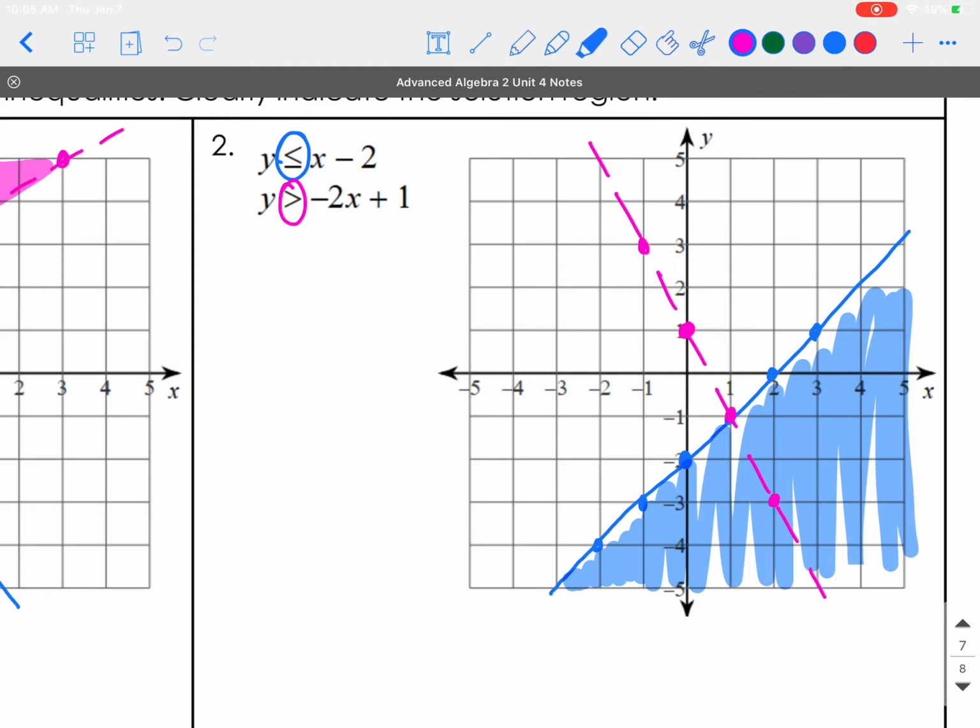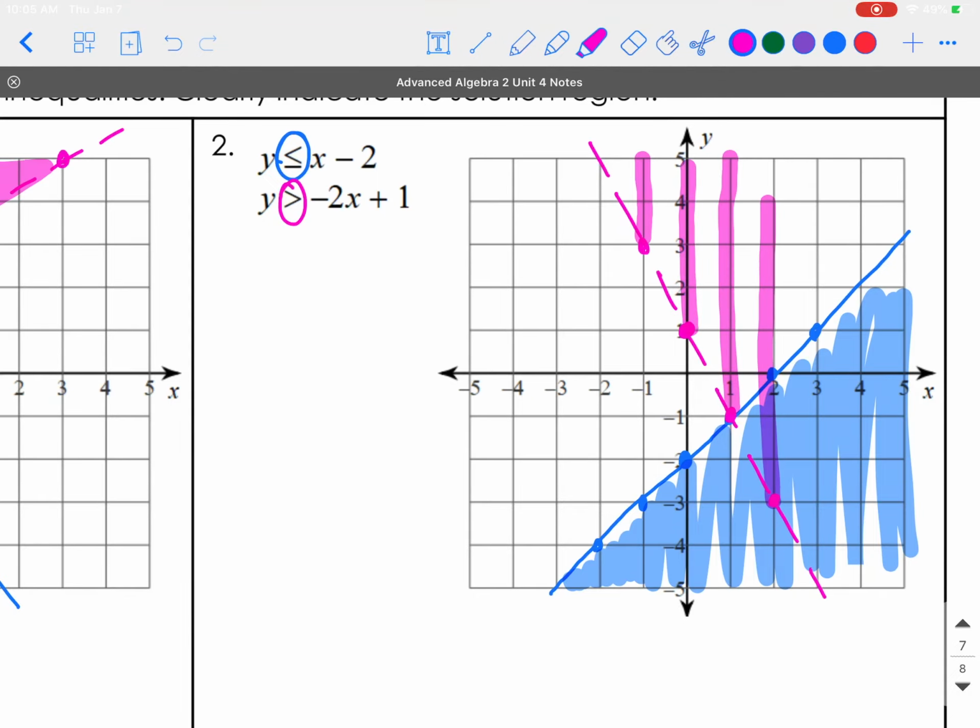A lot of people struggle with the shading part. When you're shading, a tip that you can use: a lot of people think I'm shading left or right. No, you're shading above. So the steeper the line is, the harder it is to see that. So what you can do is put your pencil or your colored pencil or whatever on the line, and if we're shading above, go up, up.